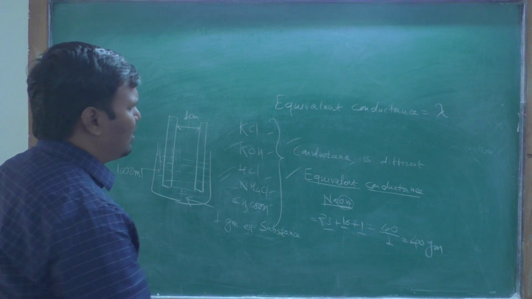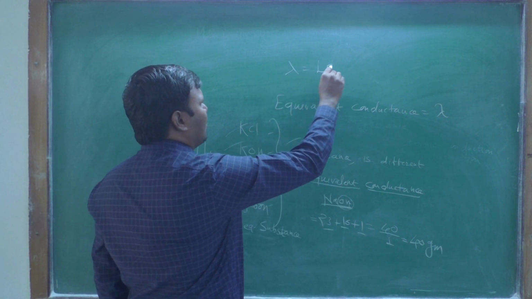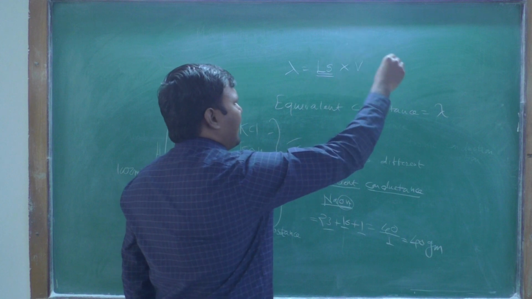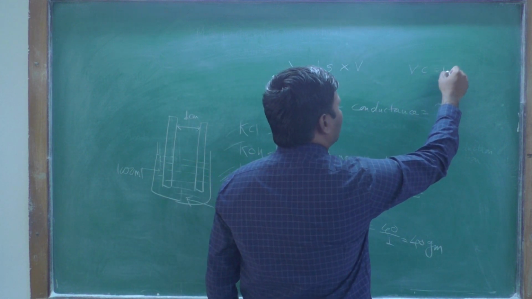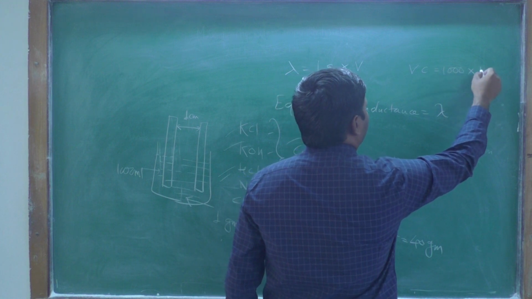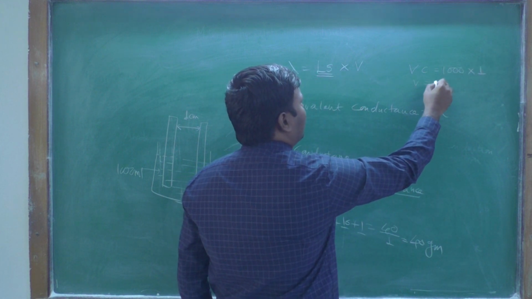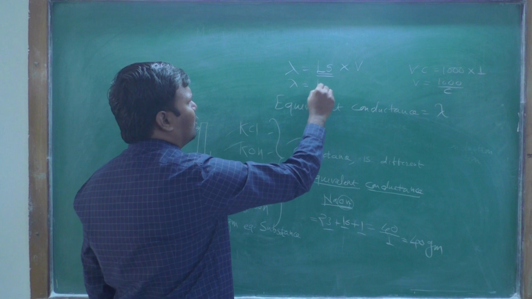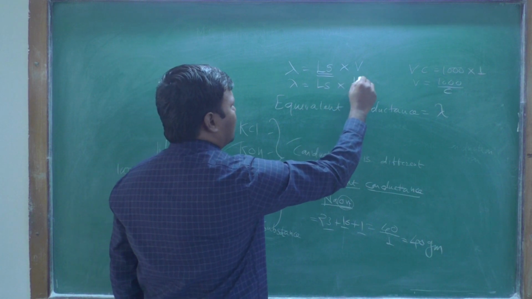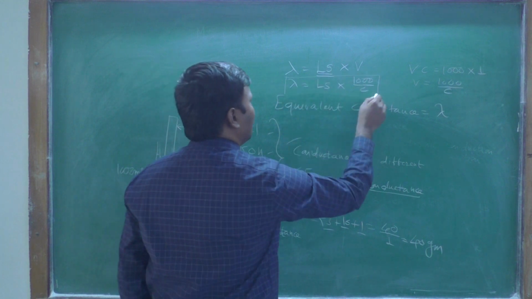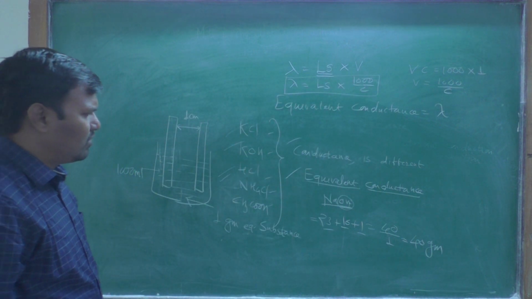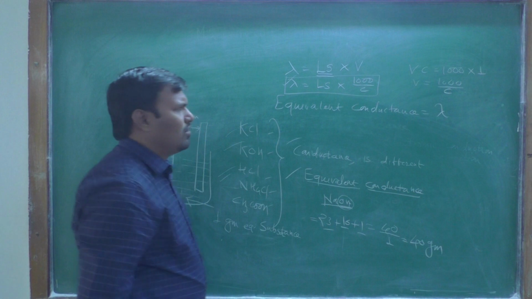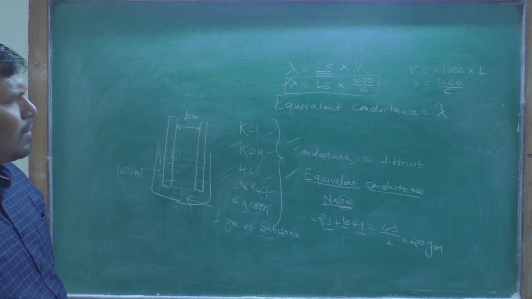We can calculate equivalent conductance lambda by the formula: specific conductance into volume. If the volume is 1000 and the concentration is 1 equivalent, then the volume is 1000 upon C. So lambda is equal to Ls into 1000 upon C. By using that formula we can calculate the equivalent conductance.